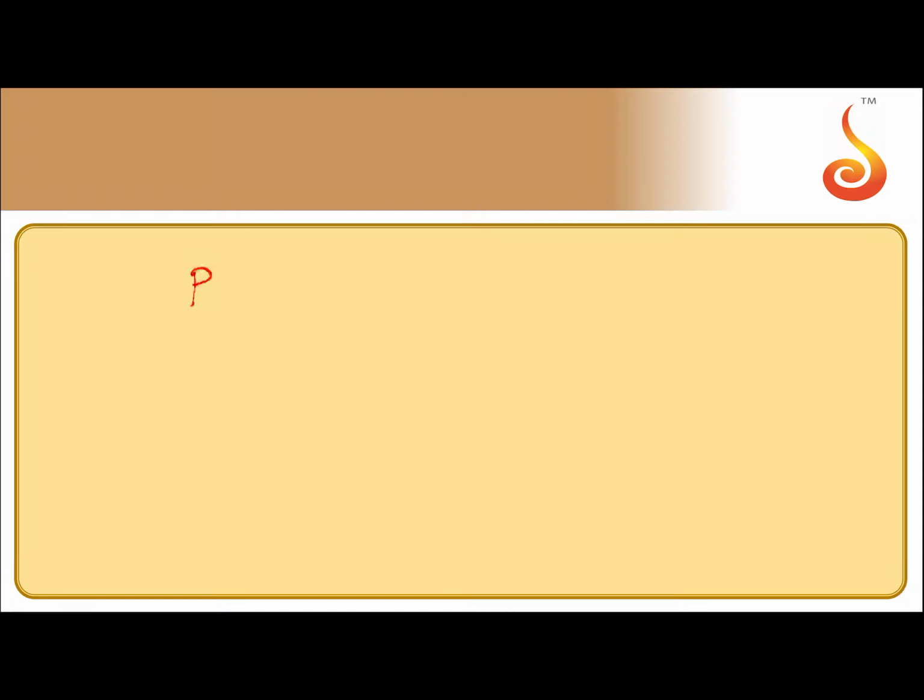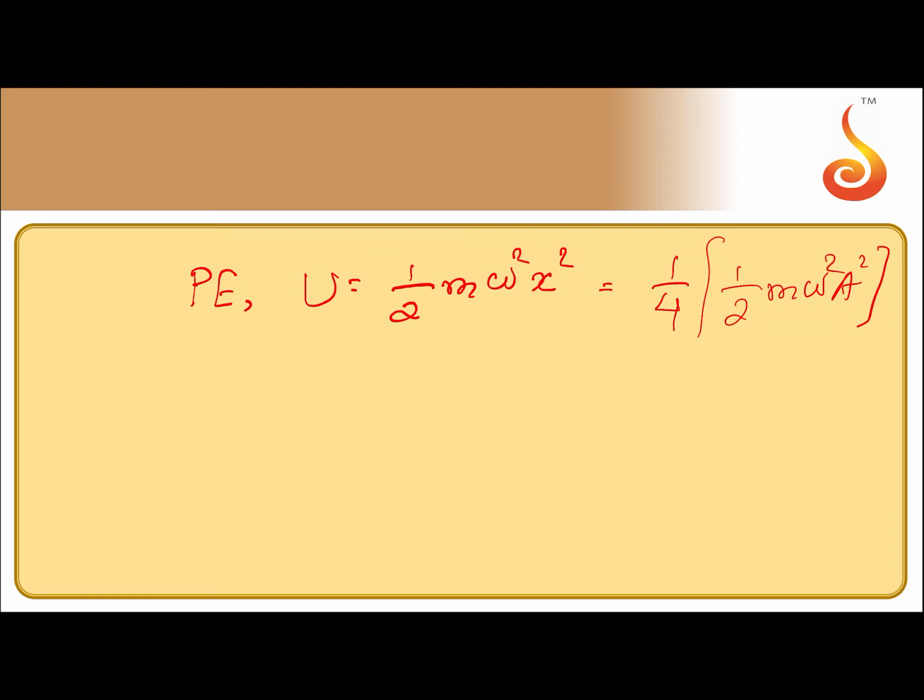You know, potential energy U is given by half m omega square x square. He says this is equal to 1/4 of total energy. Total energy is half m omega square A square.